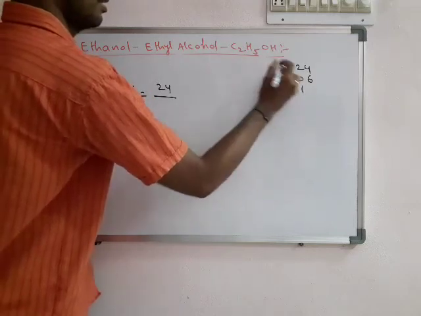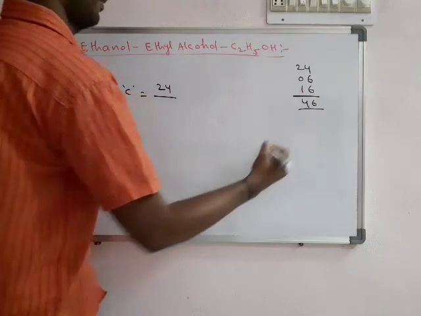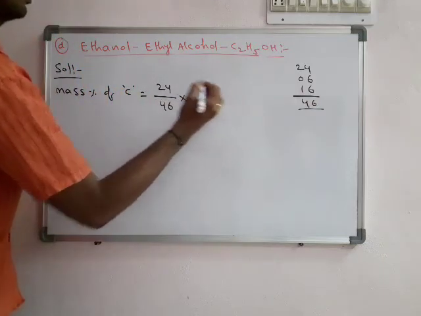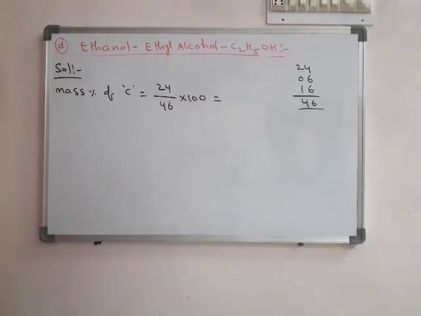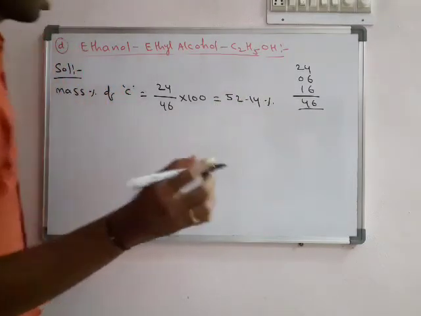Oxygen how much? 1, that is 46. So 24 over 46, into 100. On this calculation we will get approximately 52.14.